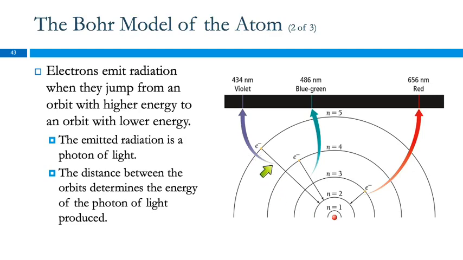It could go from here to here, and then it could go down through each orbit. But again, these transitions are not a transition that we can see. And so this light is coming from electrons going from 5 to 2. This one is coming from electrons going from 4 directly to 2. So we get a photon of light for each electron transition.